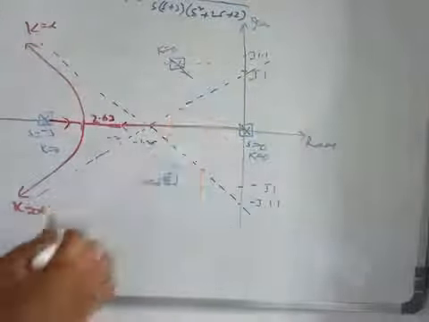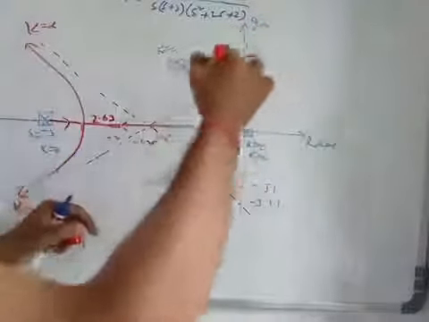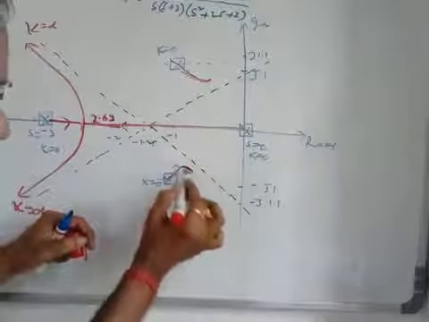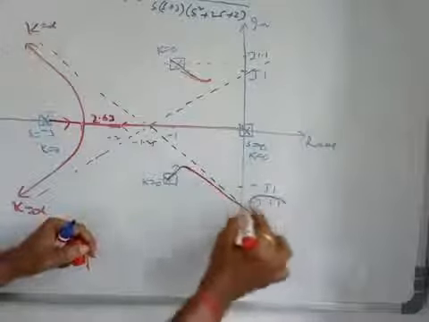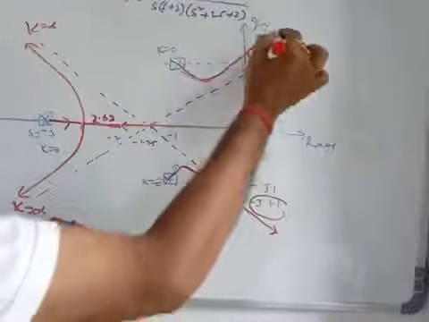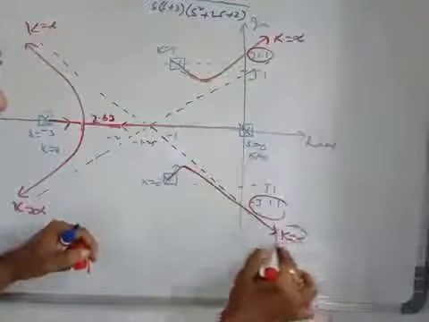After going a certain distance, it sees in which direction it has to move, which is along this asymptote. So this will bend like this, and finally pass through the point minus j 1.1, and here it will pass through plus j 1.1, and here k is equal to infinity, right?